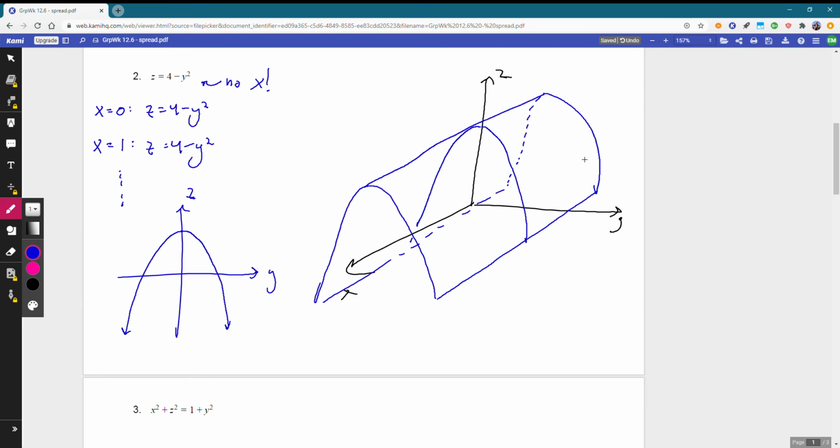And again, visually we can see that no matter what x equals constant we pick, whether it's x equals 0 or x equals 5 or x equals -10, we're always going to cut through this and get the exact same trace, specifically what we saw over here. So this doesn't have a name as one of our 6 basic shapes for quadratic surfaces because we were missing a variable, and so this is more of a parabolic cylinder.